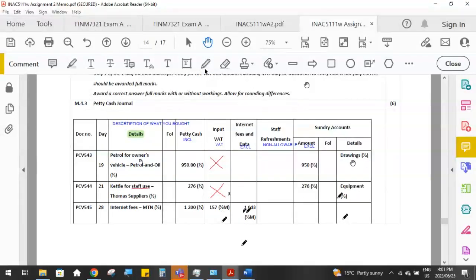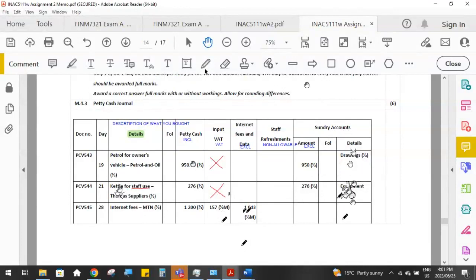So under sundry accounts, under details, we write the name of the general ledger account that must get credited or debited. This is petty cash, so we are crediting petty cash and debiting these other accounts, so debit drawings. And for this kettle that we purchased, we are debiting the account called equipment, because when we purchase a kettle or some other item of furniture or fittings or computers or equipment, we use the name of that particular asset category to add that item to.